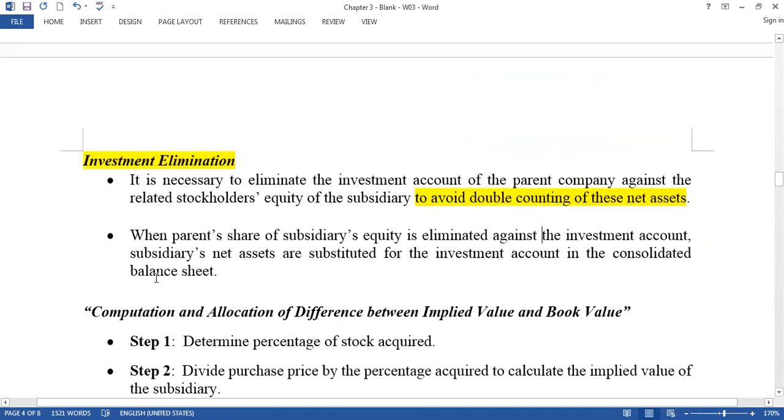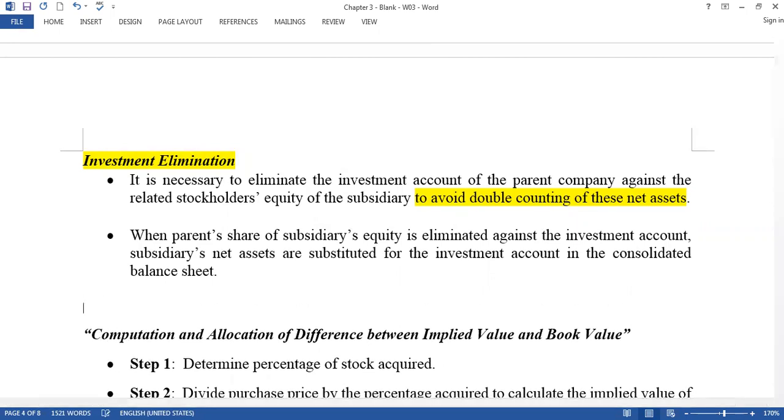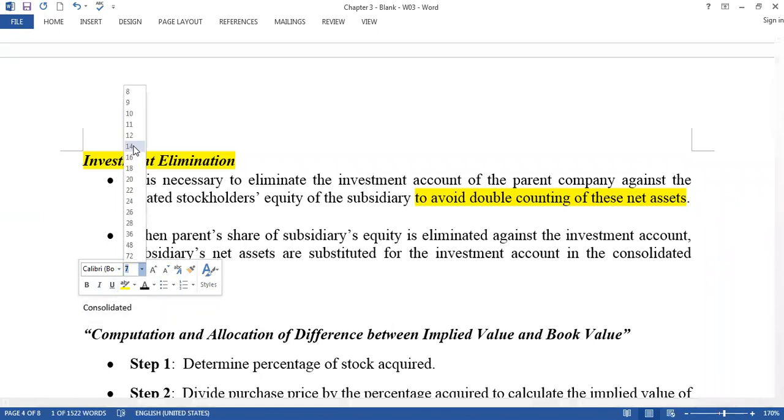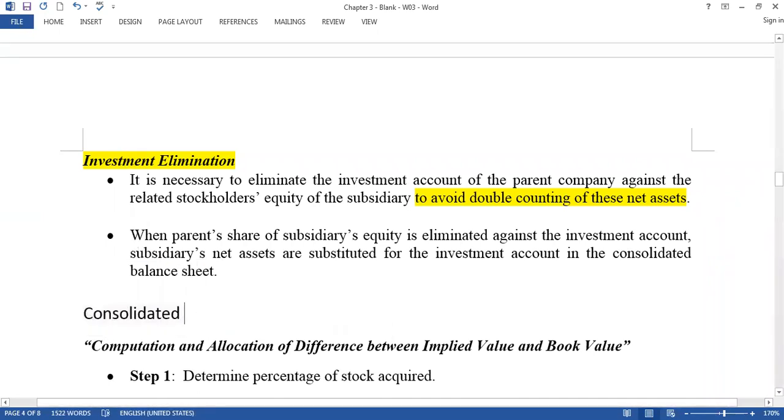Now to solve this kind of consolidated balance sheet, this chapter is about the consolidated balance sheet at the date of acquisition.